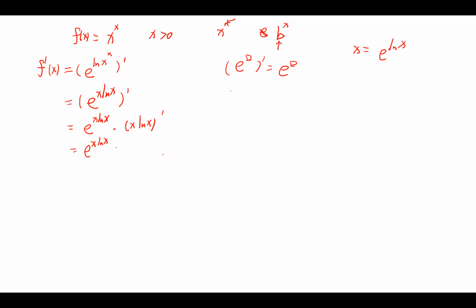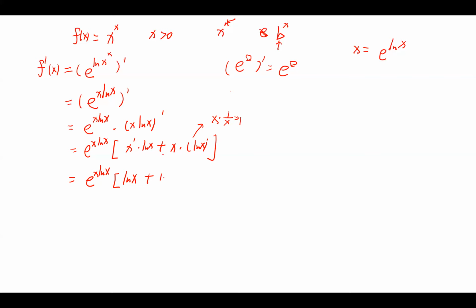And if we treat it as a product, then we first take the derivative of x, then multiply by ln x, plus x multiplied by the derivative of ln x. So this is 2 terms. In this case, we have just ln x, because the derivative of x is just 1. And we have x multiplied by 1 over x, which is going to be 1, right?